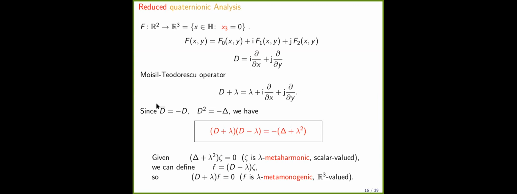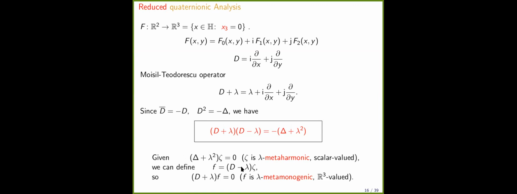The conjugate of D is minus D. The square of D is minus the Laplacian. So we get the factorization that D plus lambda times D minus lambda is minus the Helmholtz operator. This was observed many years ago by different authors. So we can apply the trick that I just mentioned.